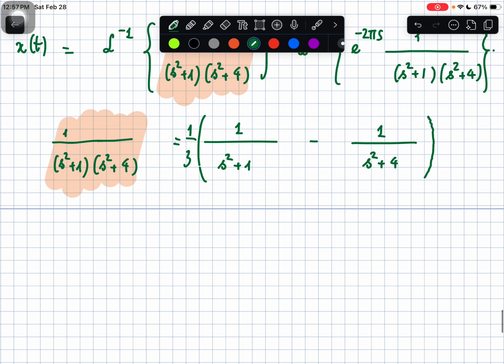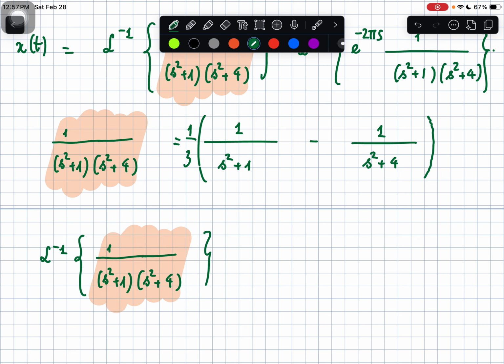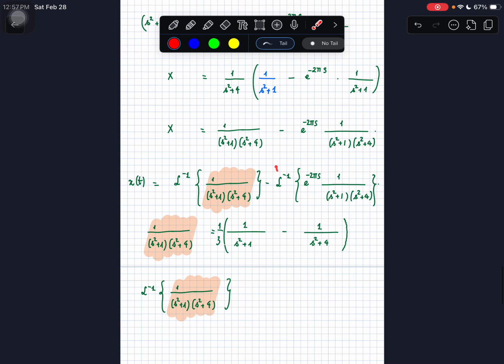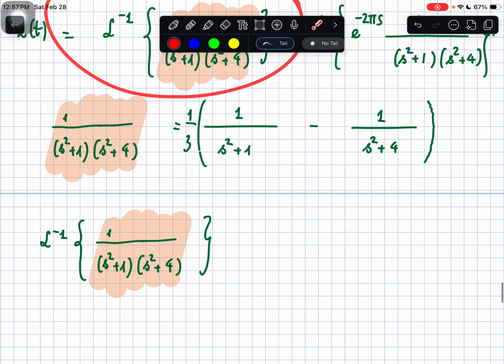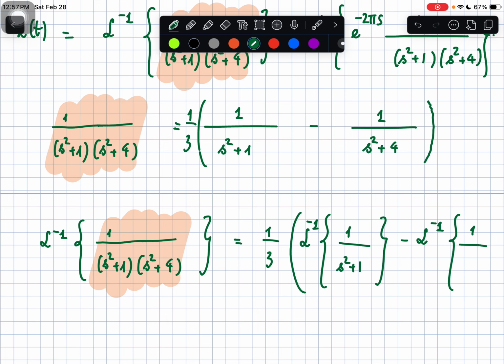Inverse transform both sides of that. We have the inverse transform of the left hand side, which is actually the first term here, equal to 1/3 times the inverse transform of 1 over s squared plus 1 squared minus the inverse transform of 1 over s squared plus 2 squared.